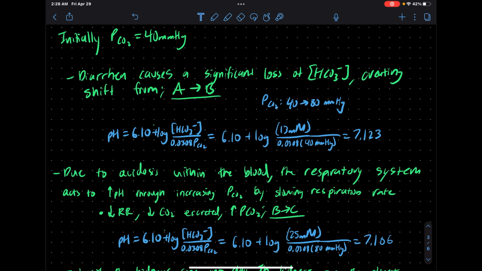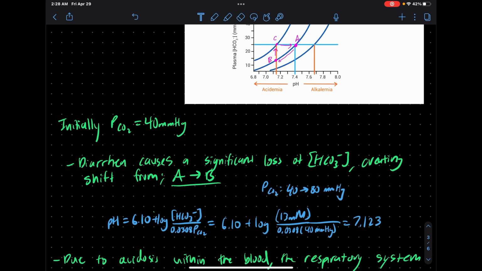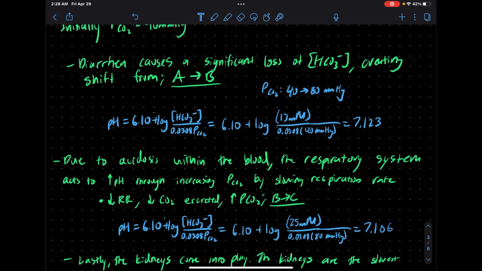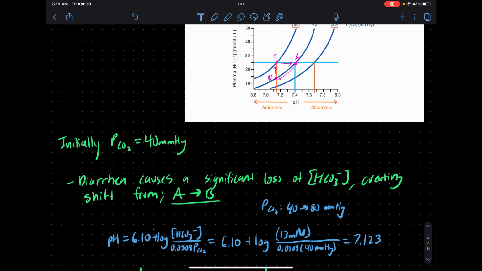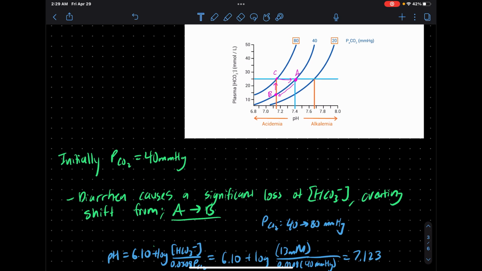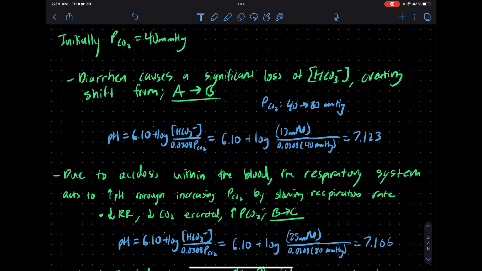This is also called hypoventilation, and this decreases the CO2 excreted, increasing the PCO2, and shifting our point from B to C. Using the same equation as above, we now substitute new HCO3 values as well as PCO2 values, and we get a pH of 7.106. Although the pH doesn't change very much, it's significant because the CO2 changes, which allows for our final shift.